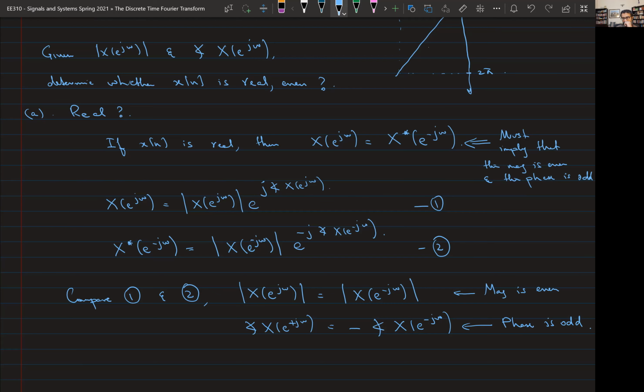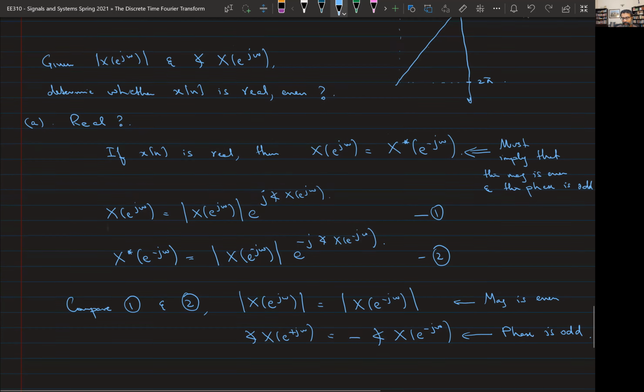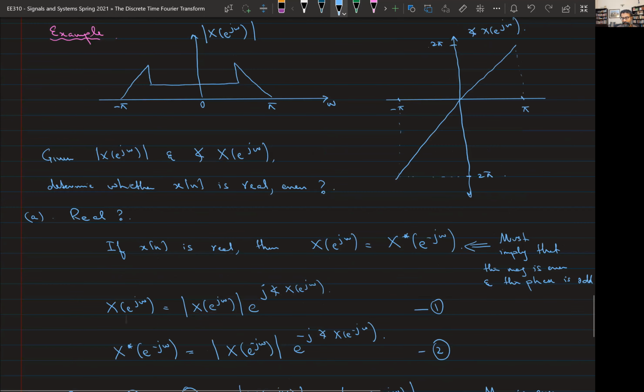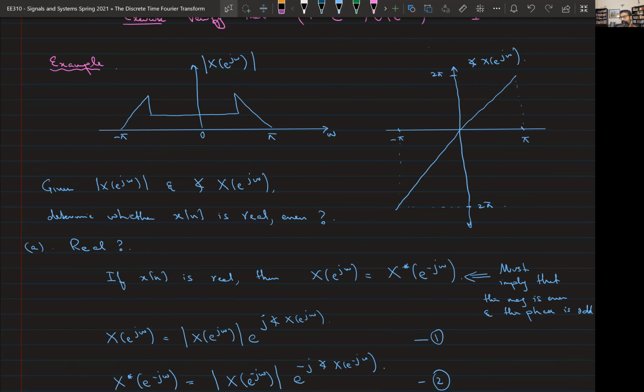So if x[n] is real, that must mean the magnitude of the Fourier transform must be even and the phase of the Fourier transform must be odd. And if I go back and look at the two curves that I'm given, as Umar pointed out, both of them indeed satisfy this condition. The magnitude appears to be even, and the phase appears to be odd.